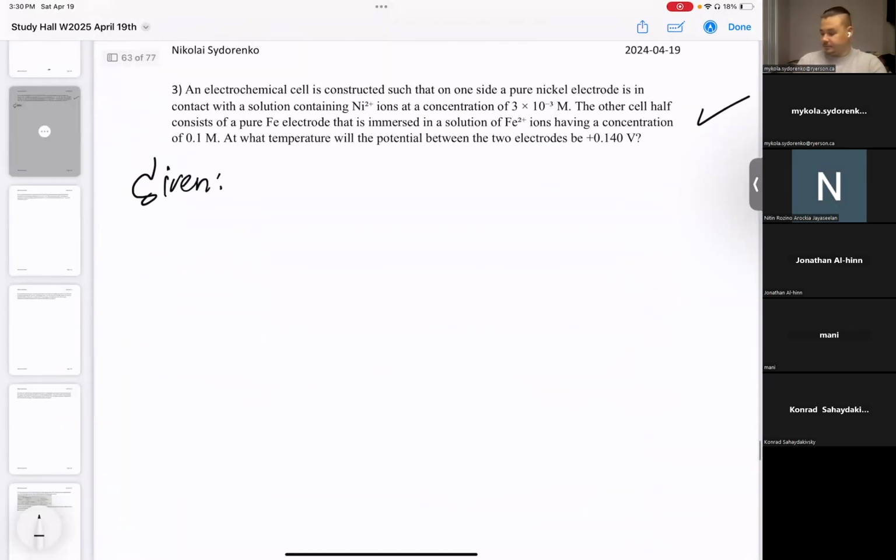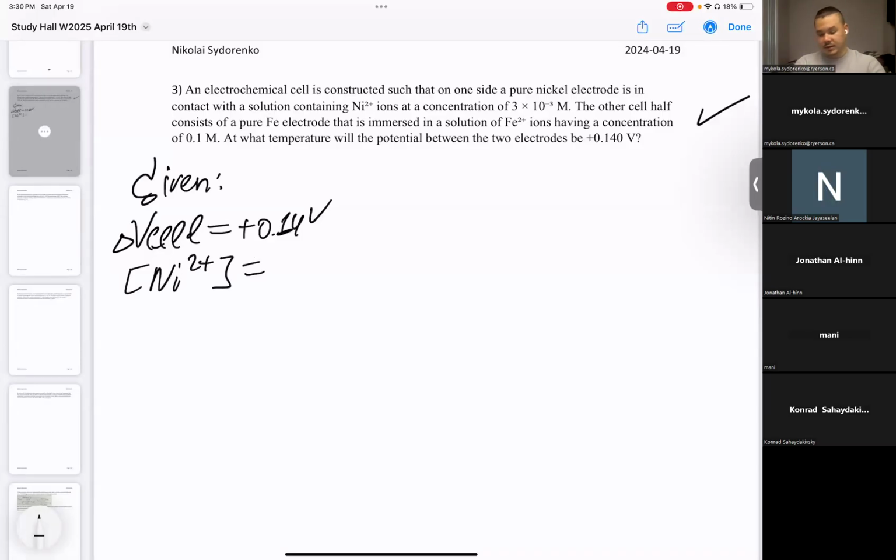We have the delta V of the entire cell given as positive 0.14 volts. Then we're given the concentration of nickel in the solution, which is defined as 3 times 10 to the negative 3. Then we have iron 2+ at 0.1.